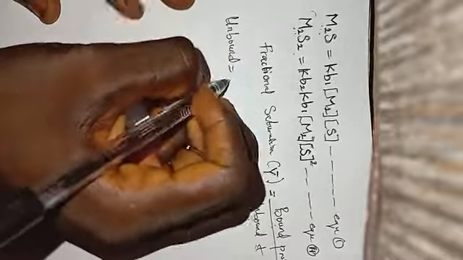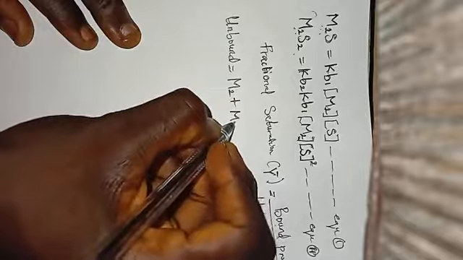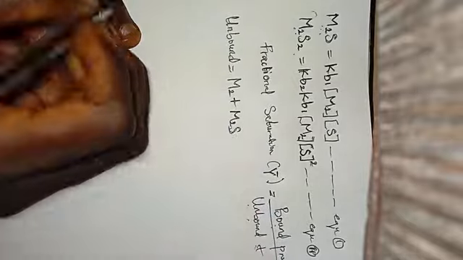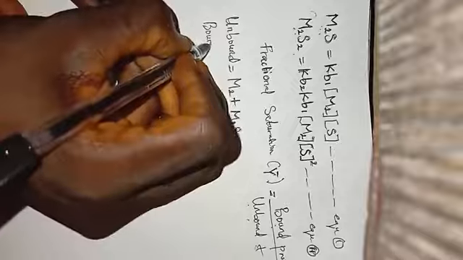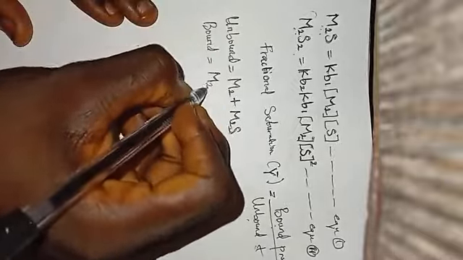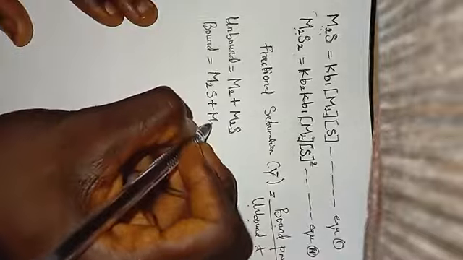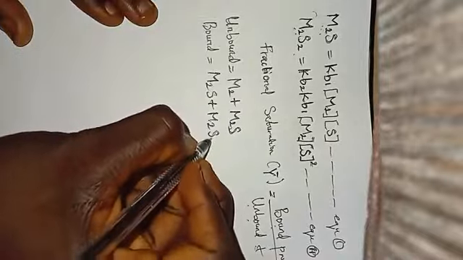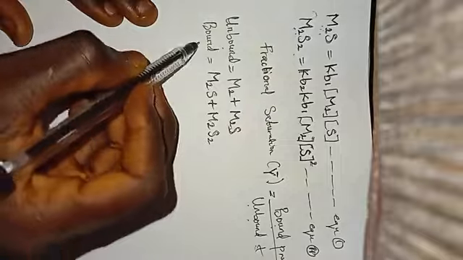Unbound protomer is equal to M2 plus M2S, while bound protomer is equal to M2S plus M2S2.